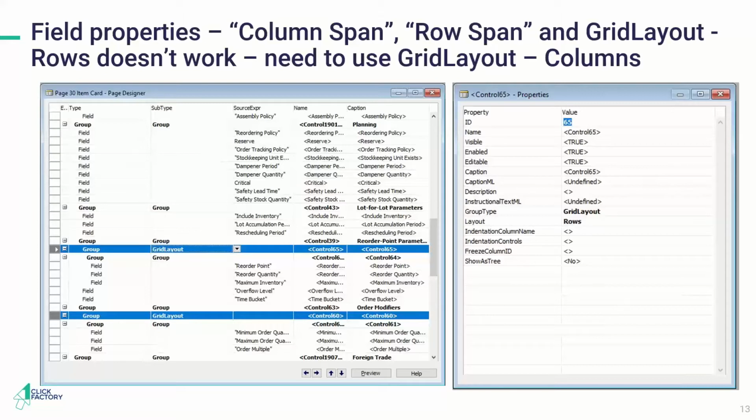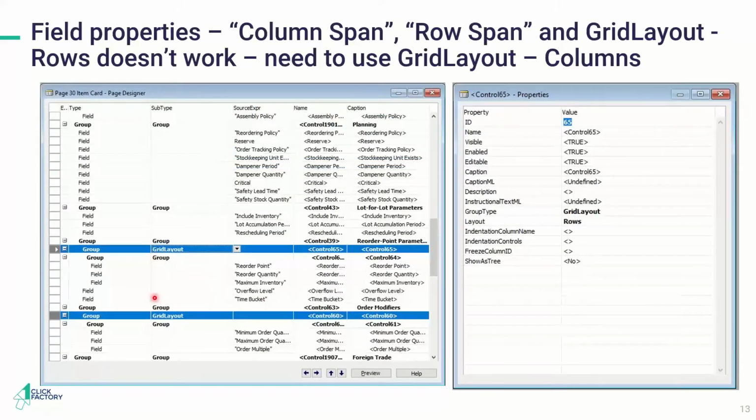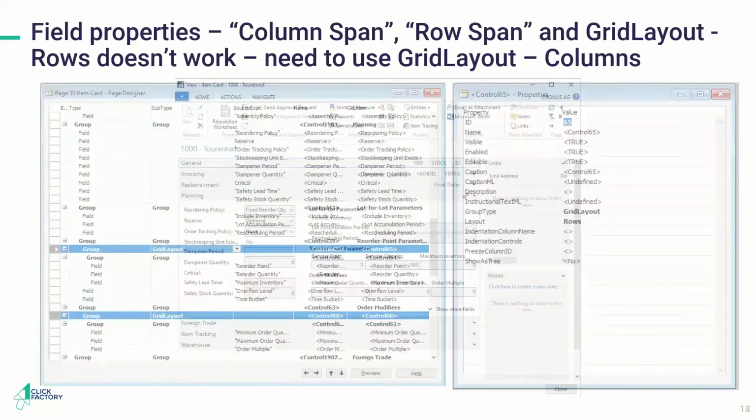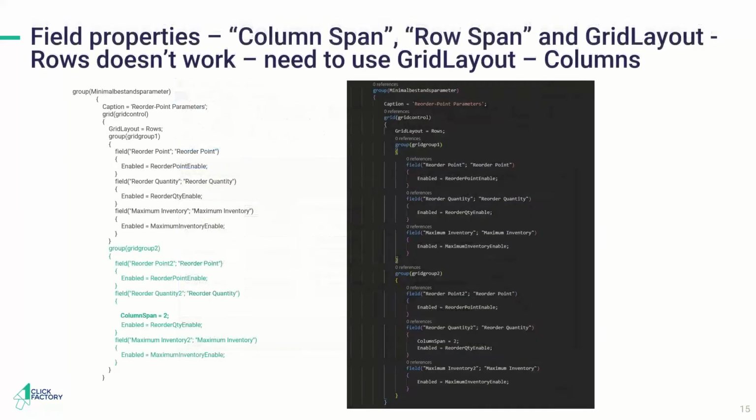There is still a grid layout control with property rows, and the web client now uses only columns. Rows means that we have all those three controls in one row. As you see, one group contains 3 fields, and we see all fields in one row.